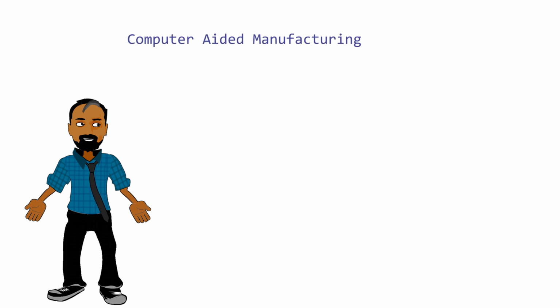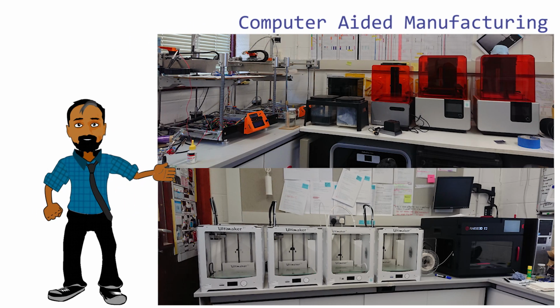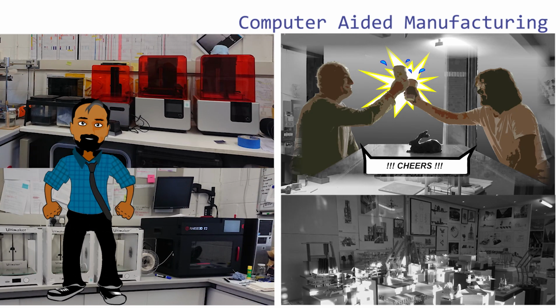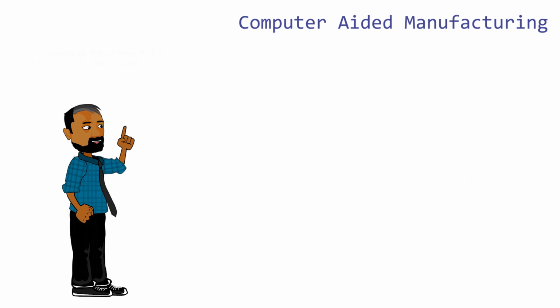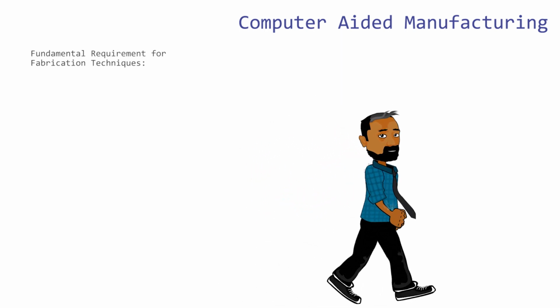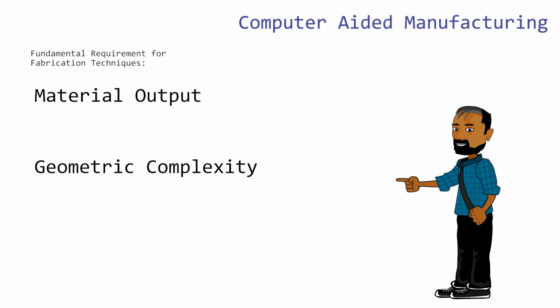Now, let's move on to computer-aided manufacturing. The digital fabrication technology runs alongside the analog workshop managed by Kevin and Colin. The fundamental principles of fabrication, both analog and digital, are focused around fabrication techniques, which are dependent on the material output, the geometric complexity, and most of all, scale.